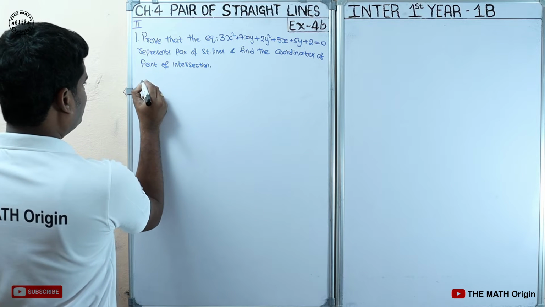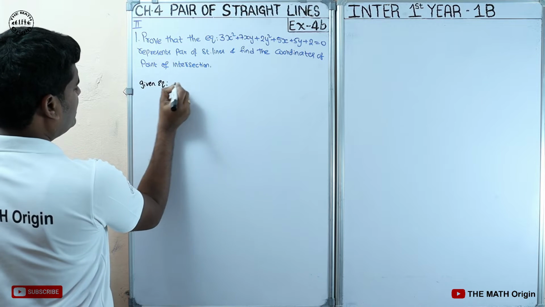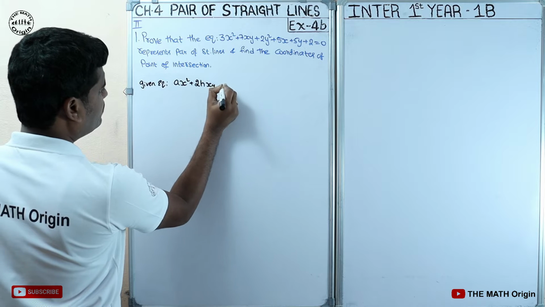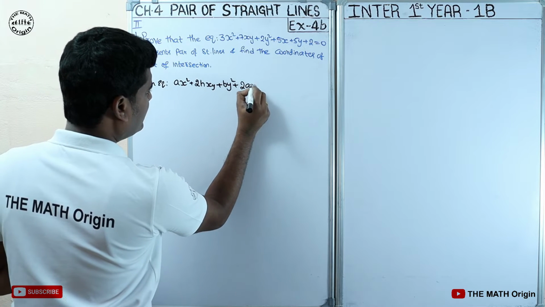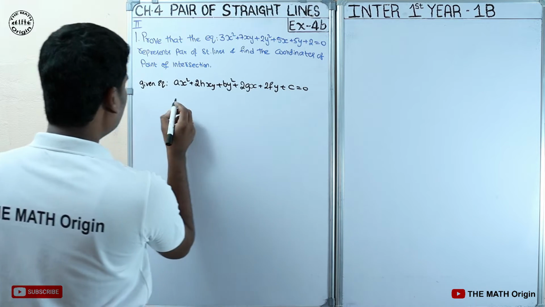The general equation is ax² plus 2hxy plus by² plus 2gx plus 2fy plus c equals 0.